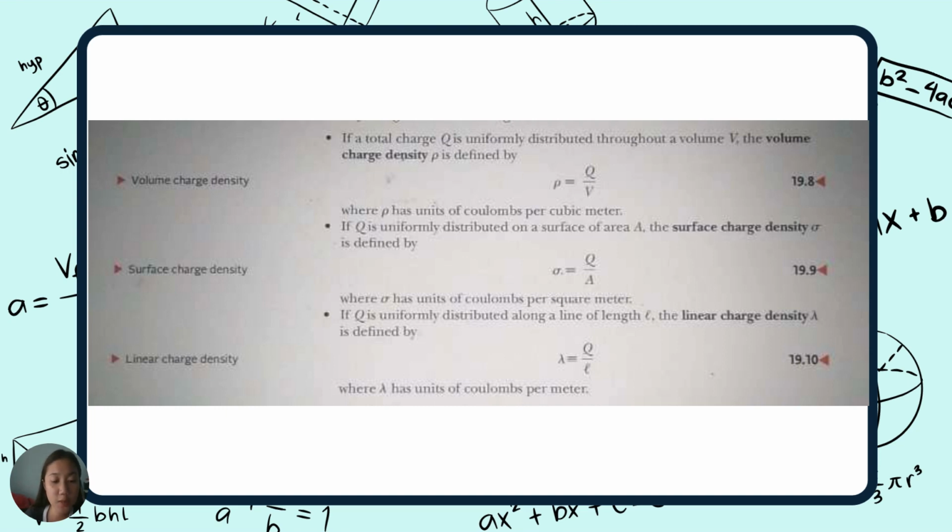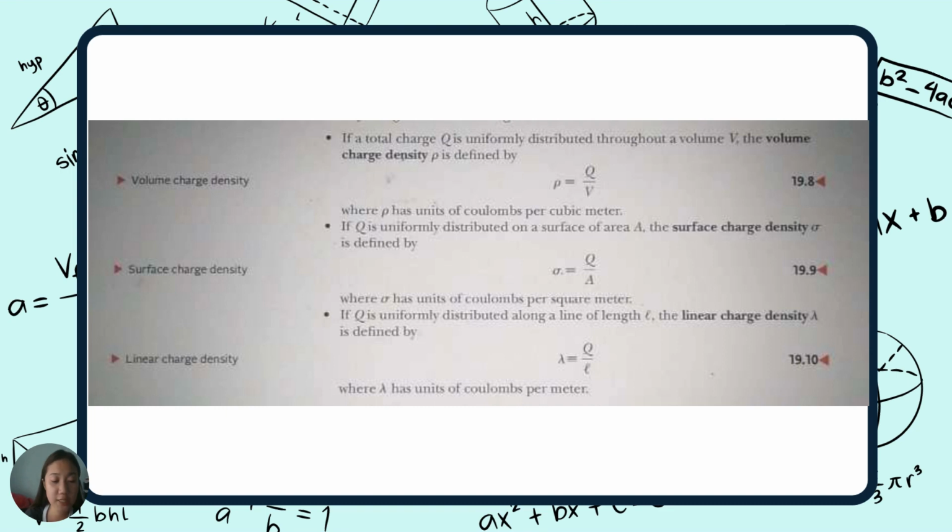If a total charge Q is uniformly distributed throughout a volume V, the volume charge density ρ is defined by ρ = Q/V, where ρ has units of coulomb per cubic meter.